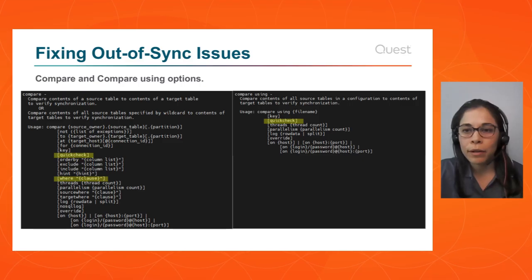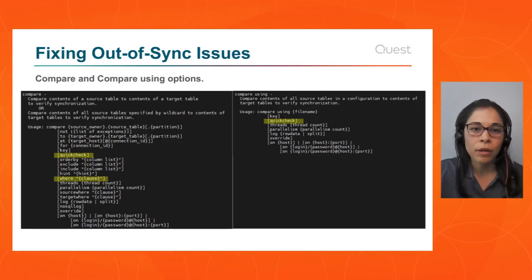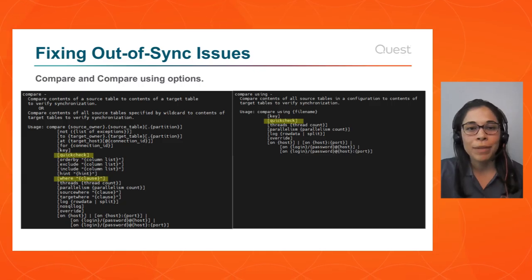So here's a quick look at the compare and compare using syntax, with all the options that are allowed for every command. The most common one, which I highlighted there, is quick check. It does an initial check of the table for the compare and determines if any rows are out of sync.